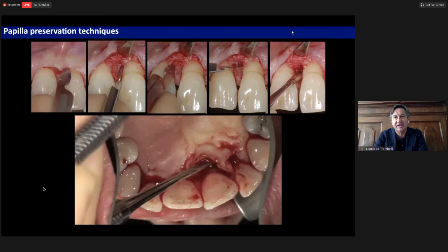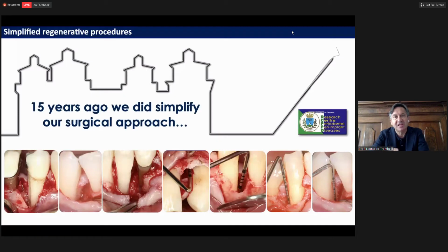But at the end of the day, we want to have some tissue to replace back to its original position in order to ensure primary closure and provide ideal conditions for wound stability. Even though this is a very well recognized and validated approach, almost 15 years ago we wanted to shift the paradigm a little.